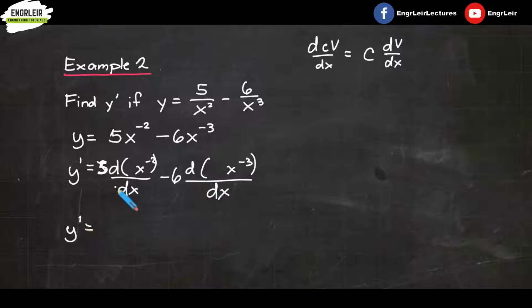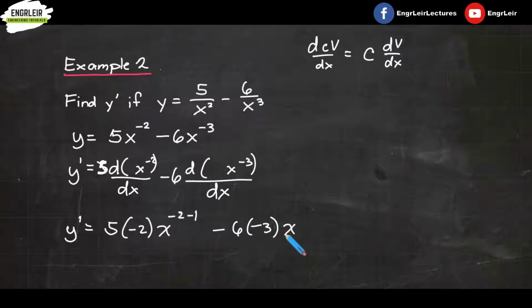So, y prime is 5 times what is the derivative of x raised to negative 2? That would be the exponent, so negative 2, and then we have x raised to negative 2 minus 1. Okay, minus 6, the derivative of x raised to negative 3, that would be the negative 3 exponent, and then we have x raised to negative 3, then minus 1.